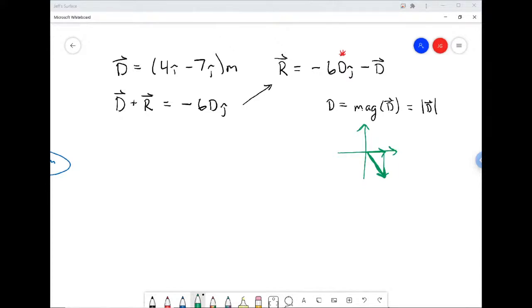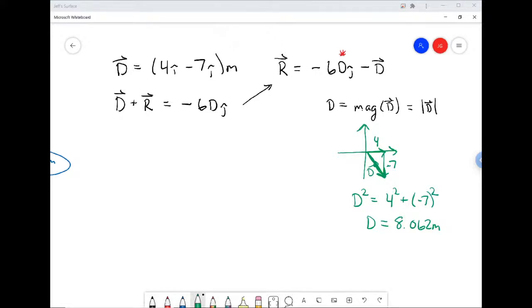So this is 4 meters this way and 7 meters down. So the magnitude of d, the length of this arrow, what is it? It's the Pythagorean theorem. So if you solve this for d, you get, well, it's not a nice number, it's 8.062 meters.